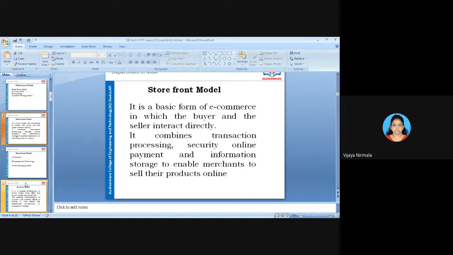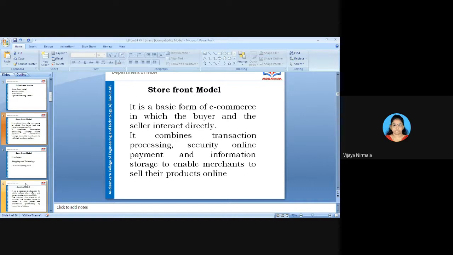There are many leading storefront model companies that are business to consumers, B2C. For example, www.more.com and www.bookmyshow.com, like movie tickets, movie clips, or trailers.